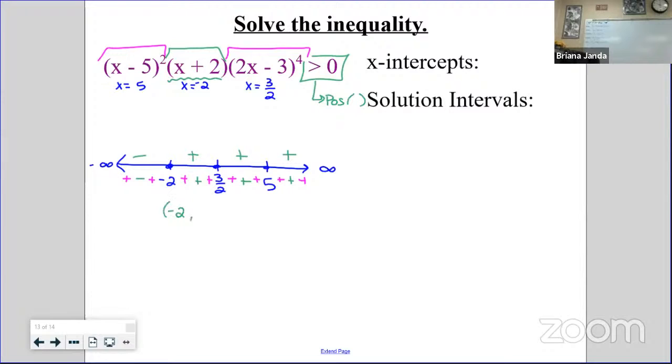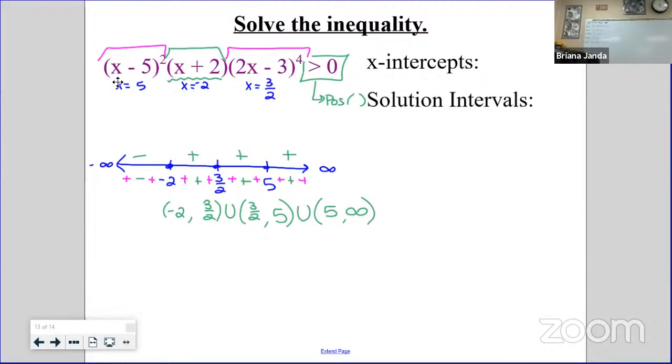So -2 to 3 has a break because I don't get to include 0, so I have to break at every 0. 3 to 5, break, 5 to infinity. Okay, that's about all the unique ones I can figure out for us.